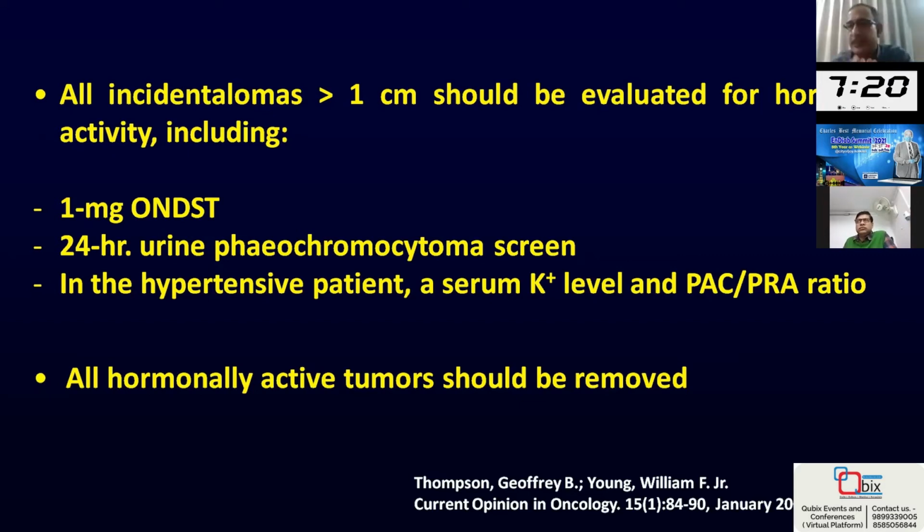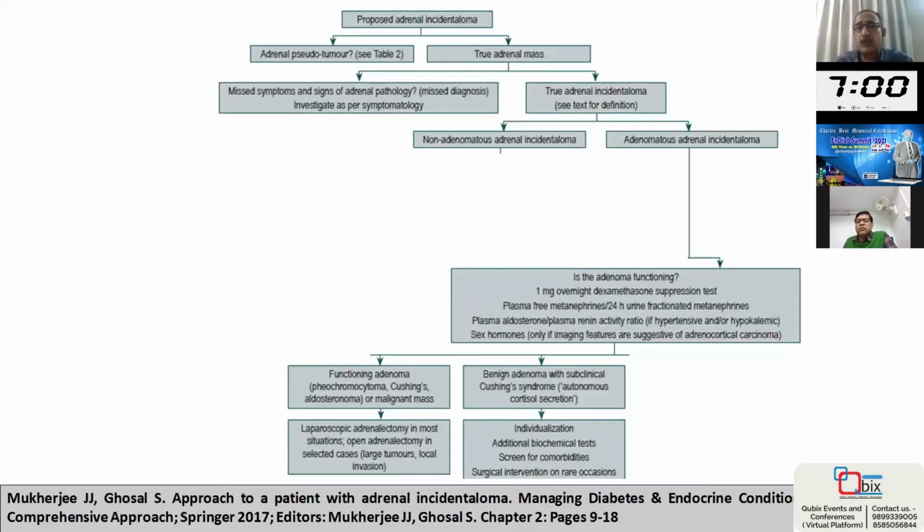Now that you've decided it's an adenoma, like this lady, you have to rule out functionality by 1 milligram overnight DEX suppression test, and 24 hours urine metanephrines. These two have to be done in every patient with incidentaloma, no matter how innocuous it looks to you. You have to exclude subclinical Cushing's and a pheochromocytoma before you can proceed any further while dealing with an incidentaloma. And if they are hormonally active, they need to be removed.